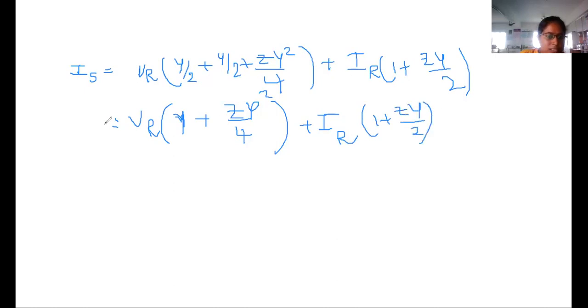Okay, this is the value for Is. So we can find out the Vs value and Is value in terms of VR and IR. So compare these two expressions with the two-port network equations, that is nothing but Vs equal to A into VR plus B into IR and Is equal to C into VR plus D into IR. Okay.